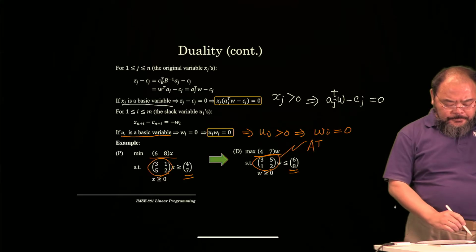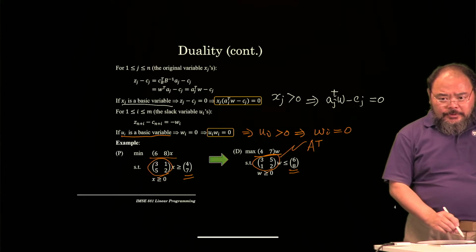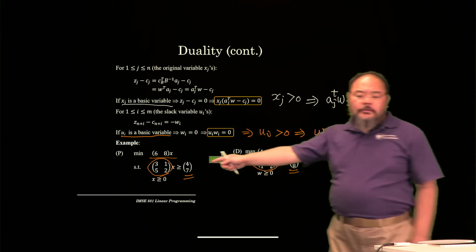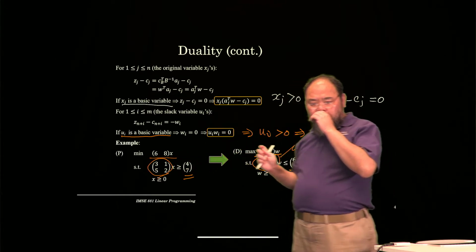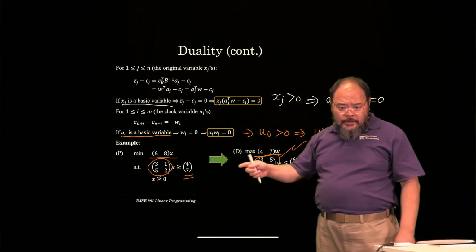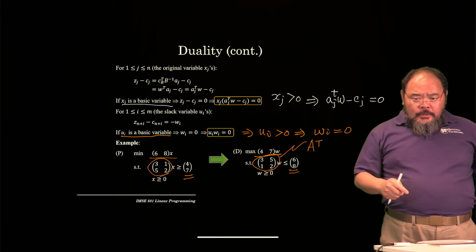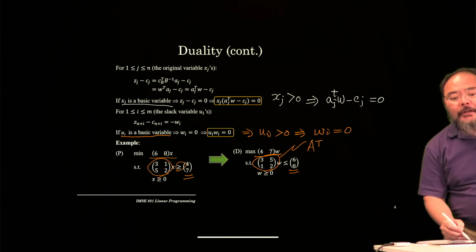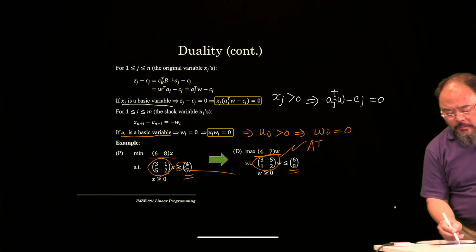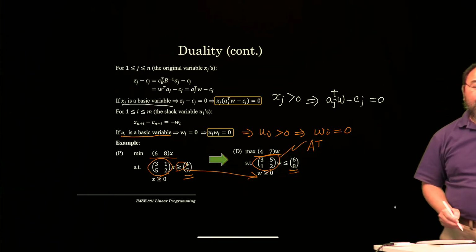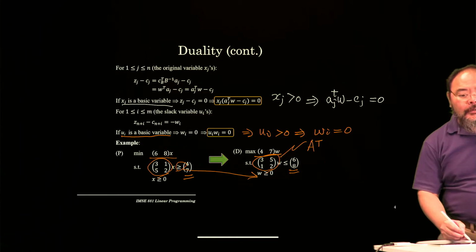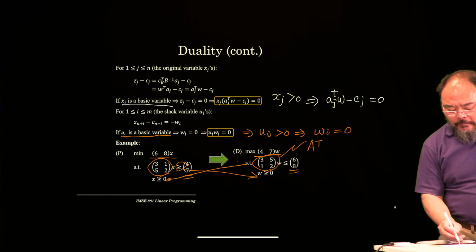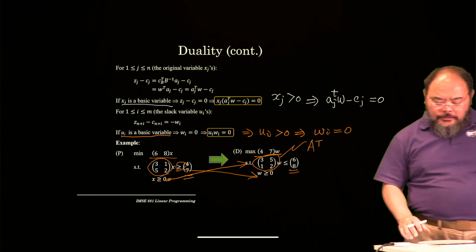Also, the constraint matrix between primal and dual are just transposes of each other. Later on you will see that if this is a greater than or equal to constraint, it will have a non-negative dual variable. If this is a non-negative variable in the primal, then we have a less than or equal to constraint in the dual.